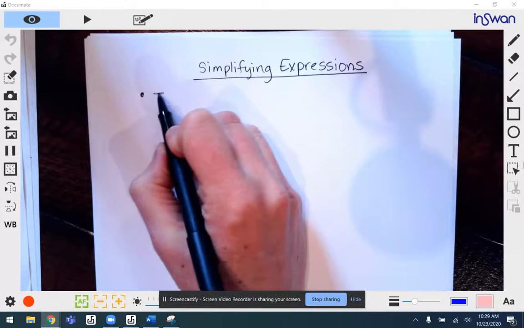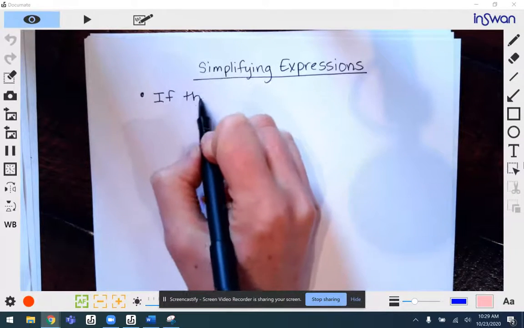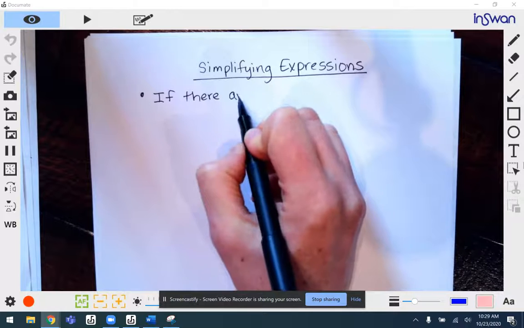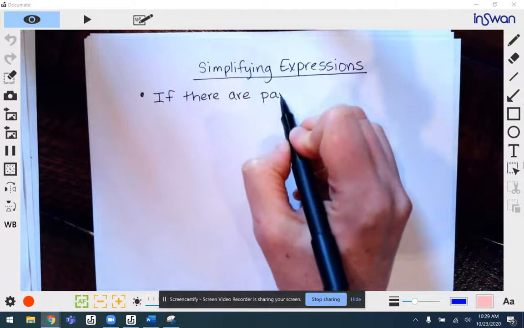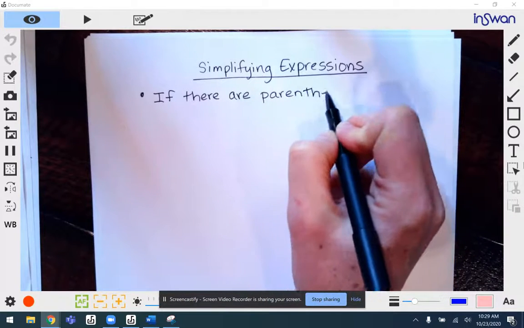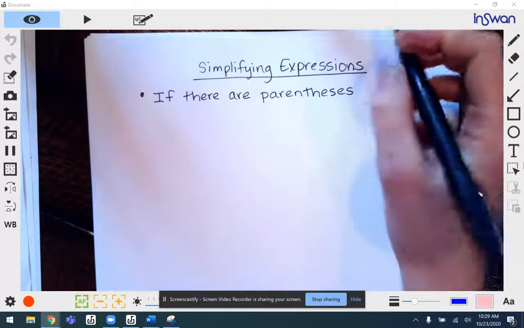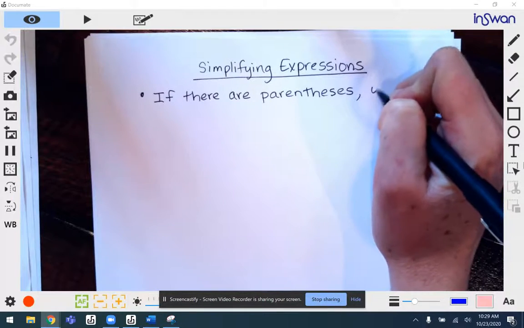So first, if there are parentheses, go ahead and use the distributive property.